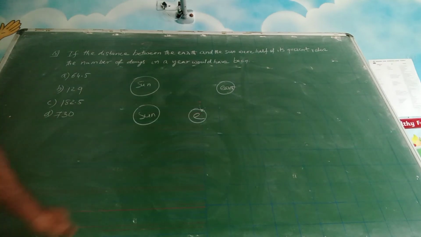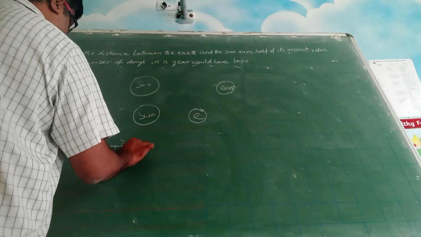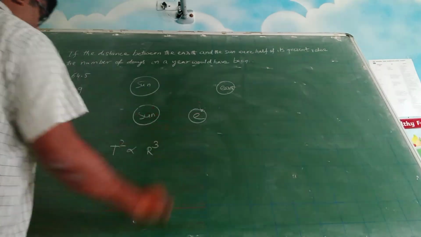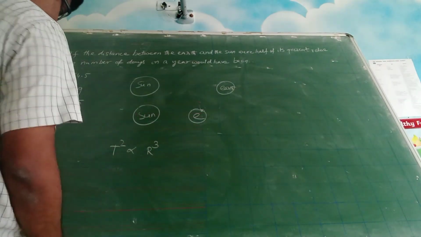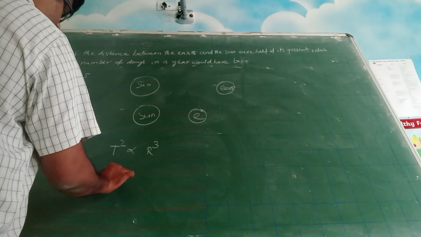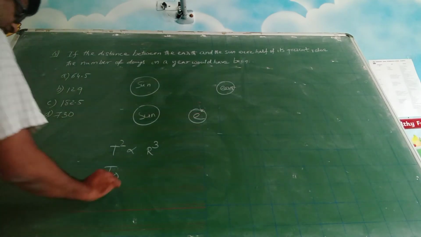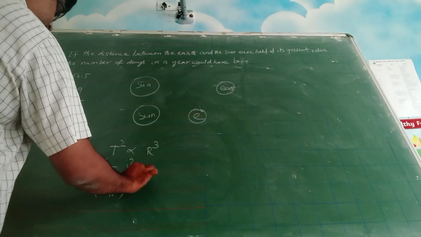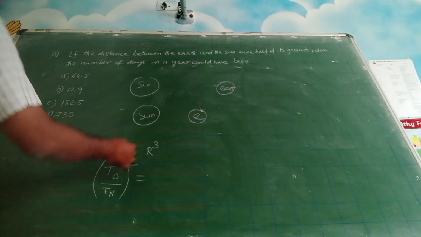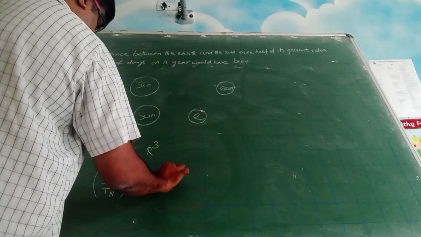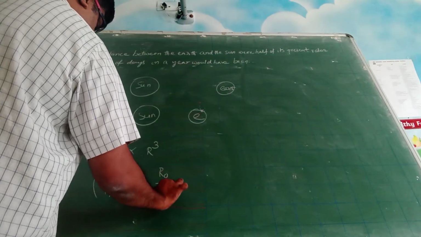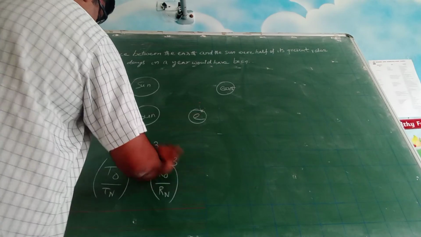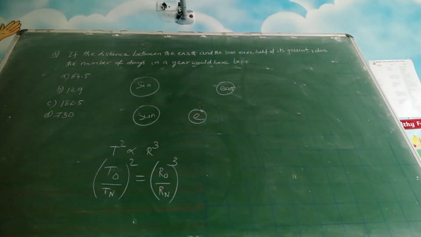So as per Kepler's third law, T square is proportional to R cube, right? So we can write T old by T new whole square is equal to, because it is a proportionality only, R old by R new whole cube. Okay?